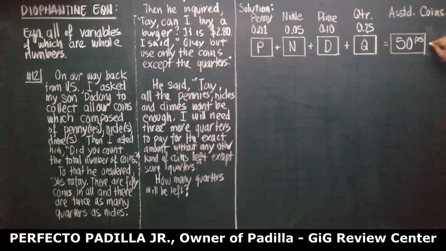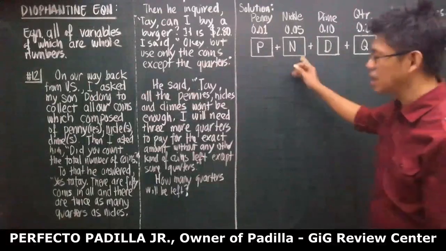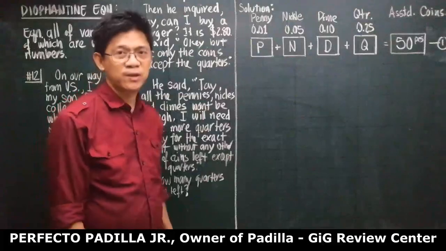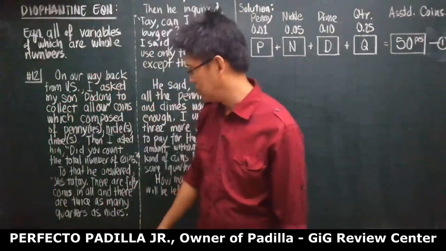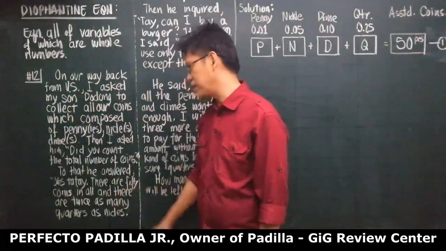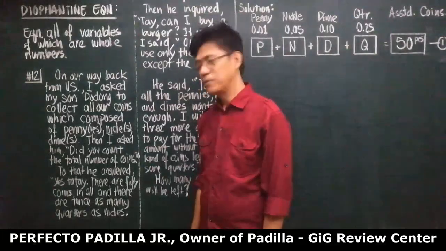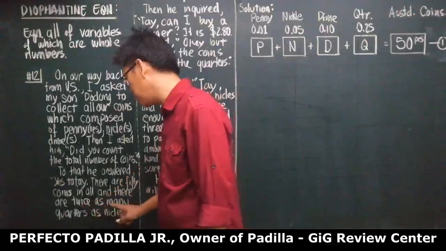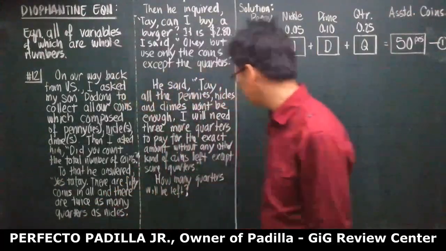Okay? And let me call this equation 1. P plus N plus D plus Q equals 50. Yun yung sabi ni Dodong. There are 50 coins in all. Ang sabi dito, there are twice as many quarters as nickels.